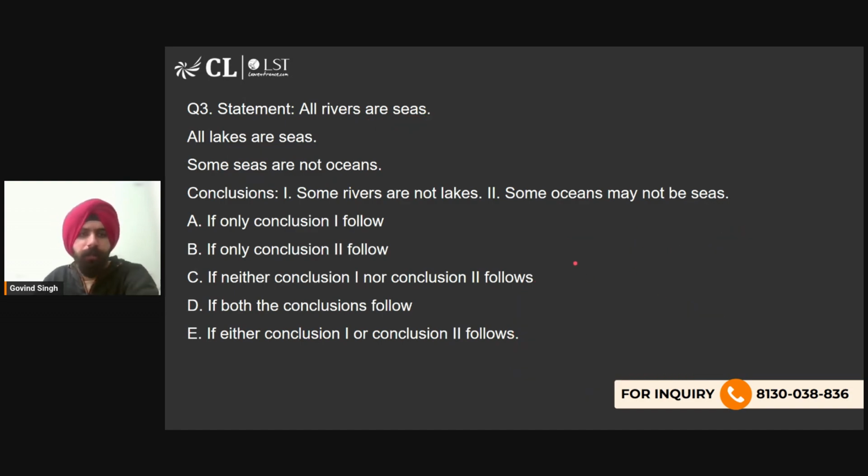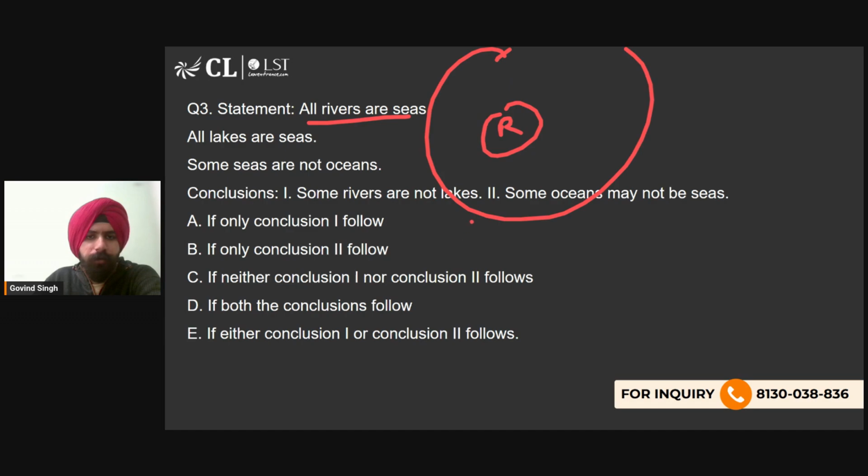Let me draw this again. Okay, let's do it. So all rivers are seas. We draw our rivers, and then we draw all rivers are seas. Okay, all lakes are seas. So there can be two possibilities. Lakes can be inside rivers or lakes can be outside rivers. We'll draw it outside. So all lakes are seas.